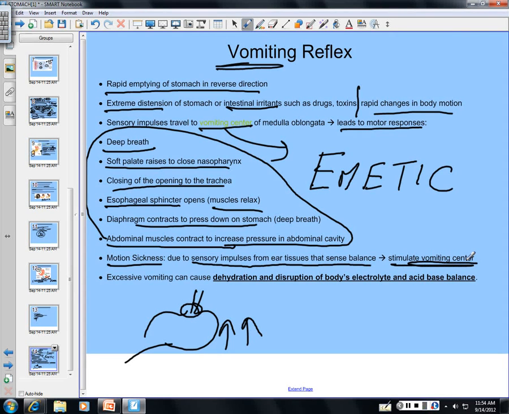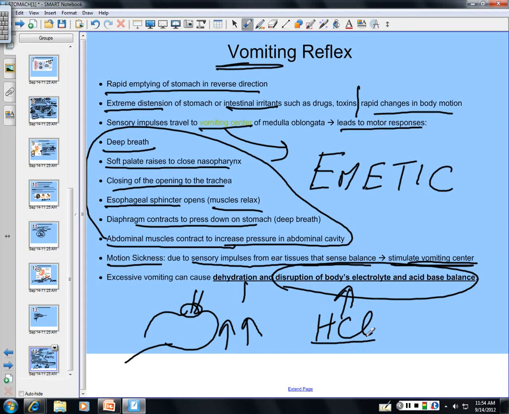The important thing is, what does excessive vomiting result in? Excessive vomiting, of course, results in dehydration, nothing new. But what's important is it also results in disruption of the body's electrolyte and acid-base balance. Very, very important. As you vomit, remember the stomach content has lots of hydrochloric acid, and that is lost.